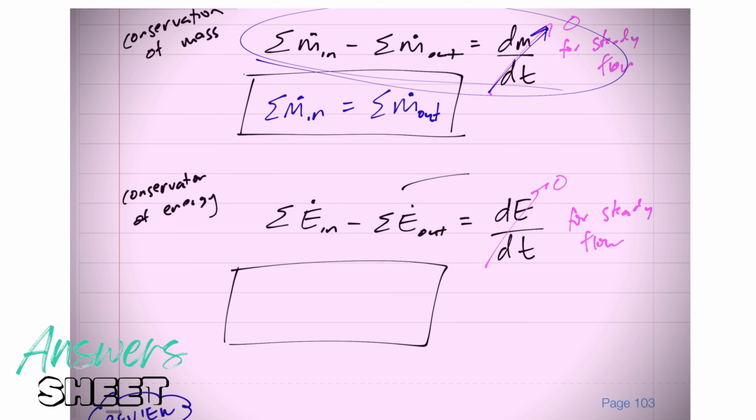Do you mind if I take that energy to the other side of the equation? The sum of all the energy in equals the sum of all the energy out for steady flow devices. I can't emphasize that enough. Steady flow. But we are going to look at a lot of steady flow devices.